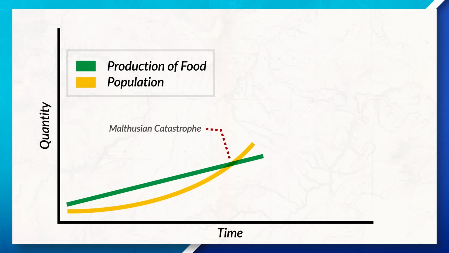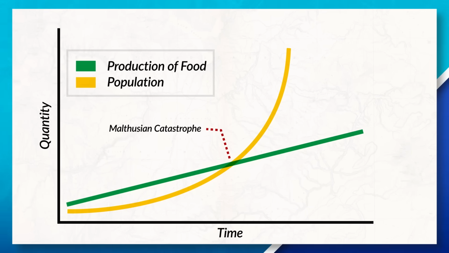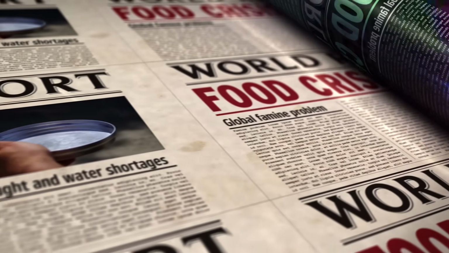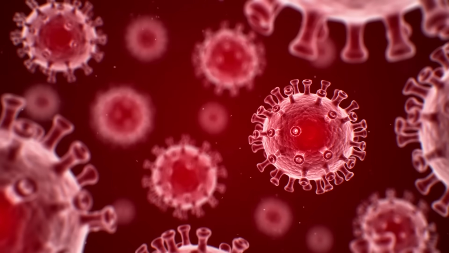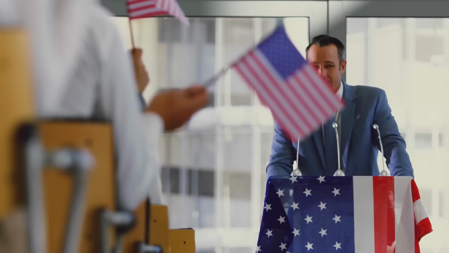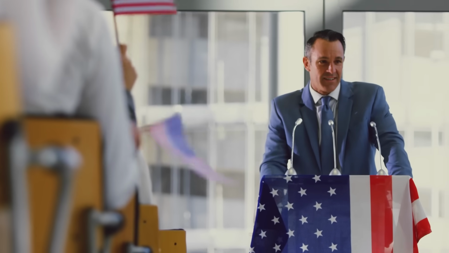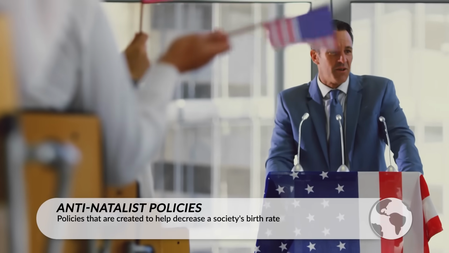This would eventually lead to a Malthusian catastrophe in which the population would surpass the carrying capacity, resulting in famine, war, disease outbreaks, and the collapse of society. To stop this, Malthus believed that an intervention was necessary to prevent uncontrolled population growth. For example, governments could start implementing anti-natalist policies that would motivate people to have less kids.